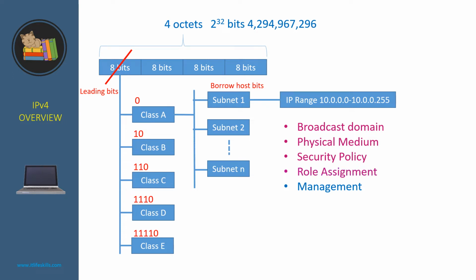Role assignment. A set of devices with the same role must be within the same broadcast domain, which also means they must be in the same subnet. And the last reason is management and network design.